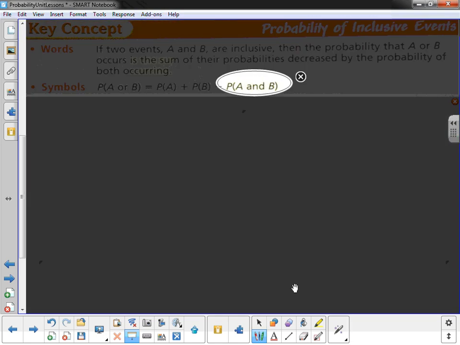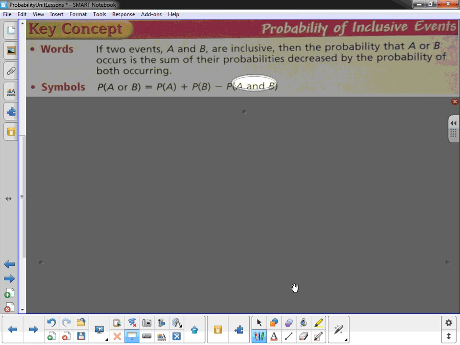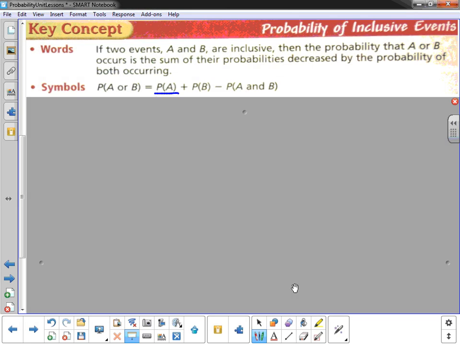That part right there, I want to eliminate that part. The reason for it is I have already done all of A here, and then we've done all of B here. Well, if there's an overlap, I've done both an A and a B in both groups. So I don't want that. And that's why we subtract that off.